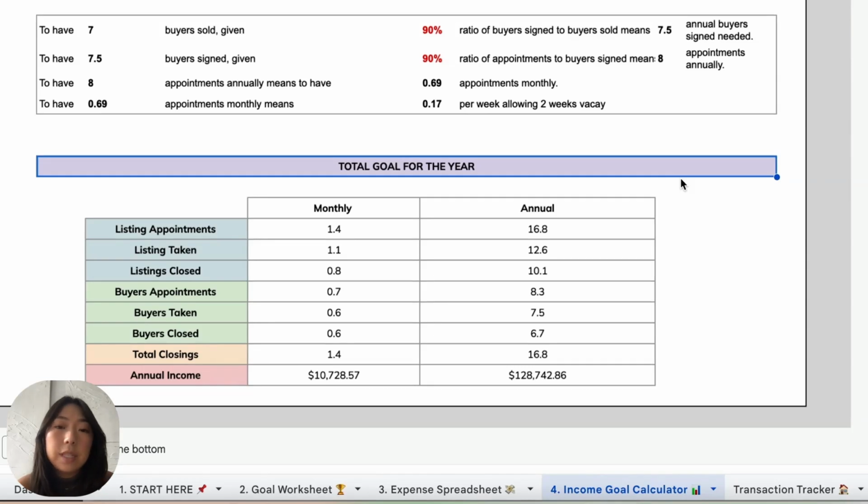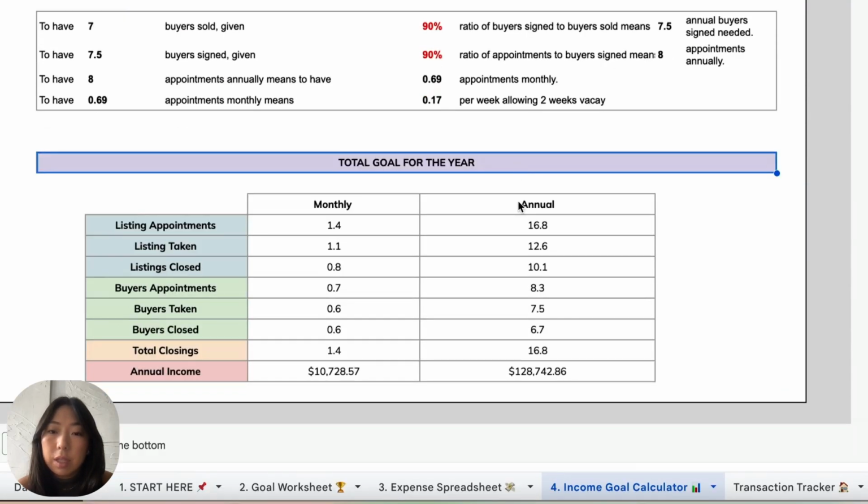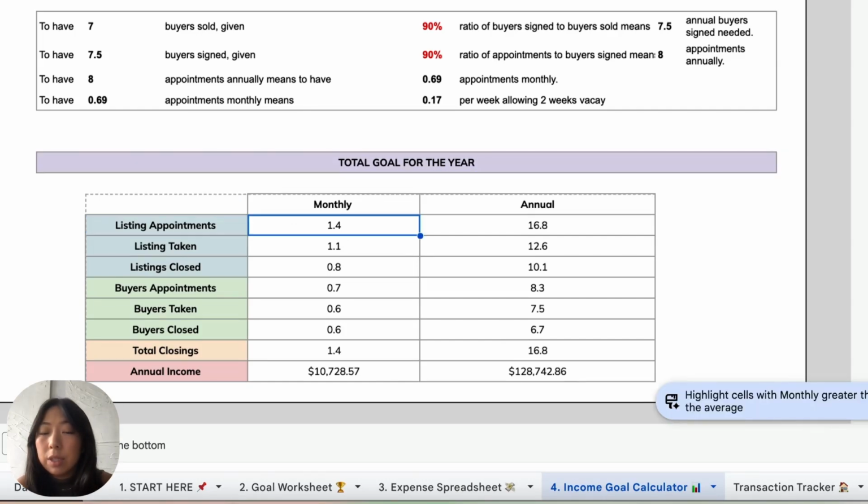So down here, you'll see the total goals for the year. You'll see a section for all your monthly numbers that you would have to hit that GCI number at the very top. And you can also see on the right-hand side the numbers that you need for the year. So if you look, you'll see you'll need 1.4 listing appointments every month to take right around 1 listing, and you'll need to close.